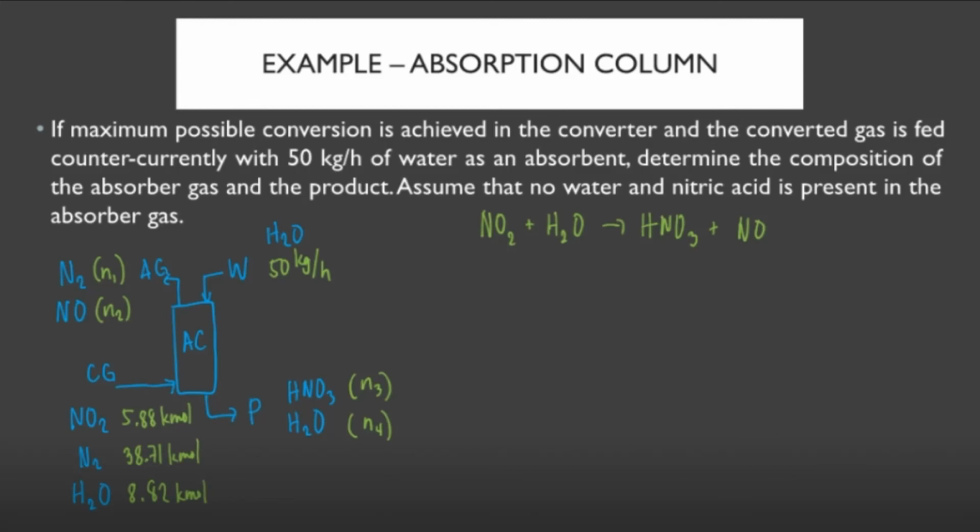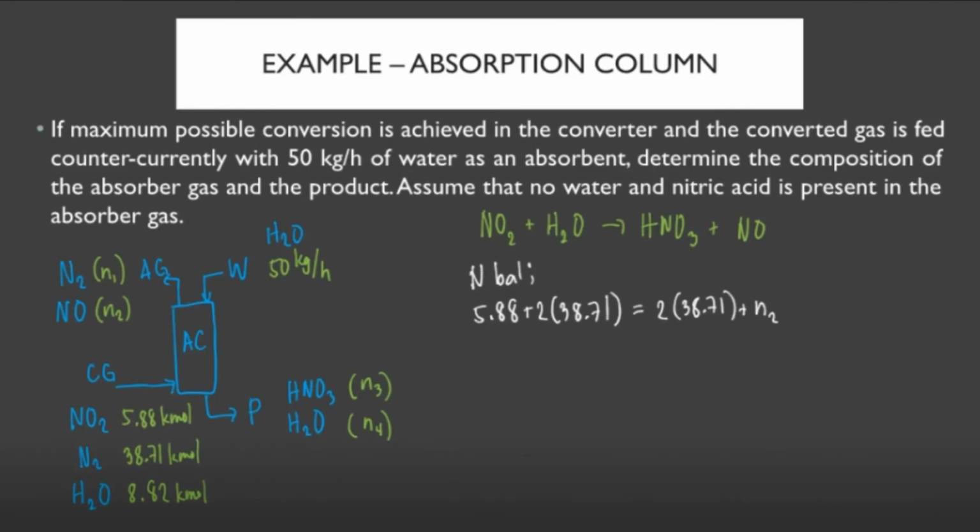Let's begin with the nitrogen balance. We have 5.88, this is in the converter gases, plus 2 times 38.71. There is no nitrogen in the absorbent stream, so we will go straight to the absorber gas stream. This would be 2 times 38.71 for nitrogen gas, plus N2 representing the nitrogen monoxide in the absorber gas stream.